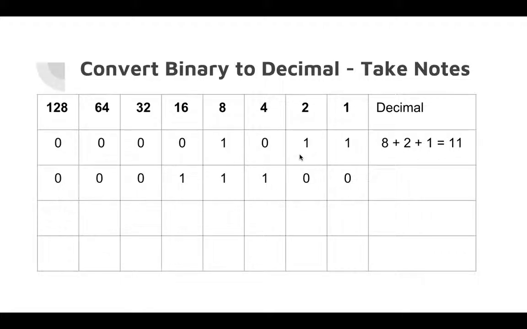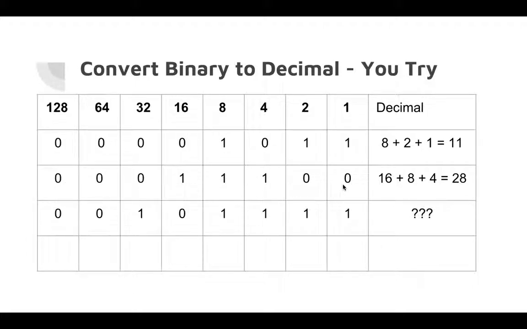Let's see another example. 00111100. If I wanted to know the decimal equivalent for this binary number, I find all the ones. So this would be 4 plus 8 plus 16, which would be 28. All the zeros, I don't have to count them in.